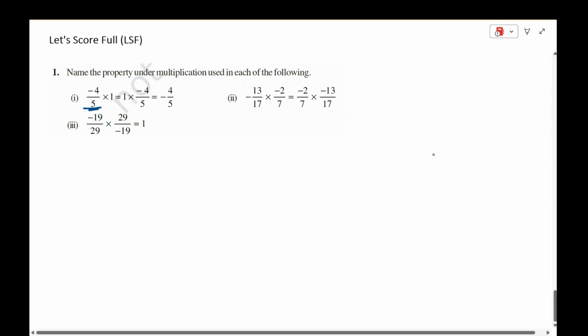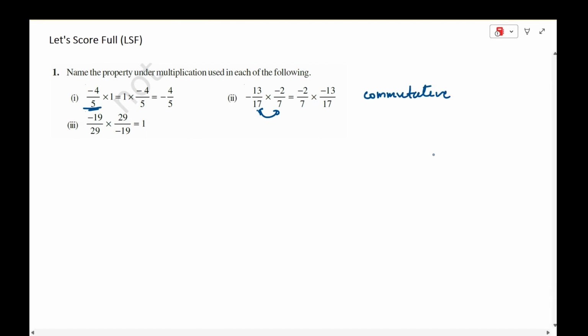In the second case, can you see minus 13 by 17 multiplied by minus 2 by 7, and they have reversed the numbers. Reversing the numbers means what? We have studied which property? Yes, commutative property.